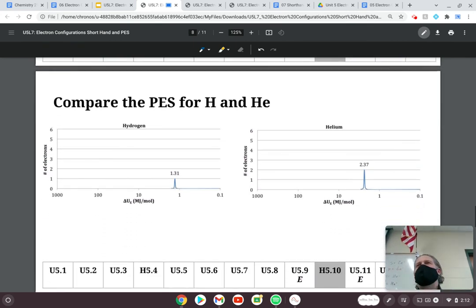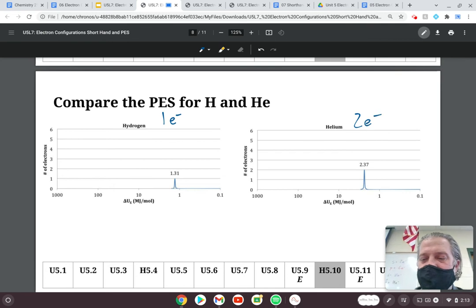Now, we're going to compare some data for a bunch of elements and try to figure out how this works. So hydrogen from the periodic table we know has 1 electron, and helium we know has 2 electrons. If we look at our data, the data for hydrogen has 1 peak, and that 1 peak hits the 1 electron bar going across the graph.